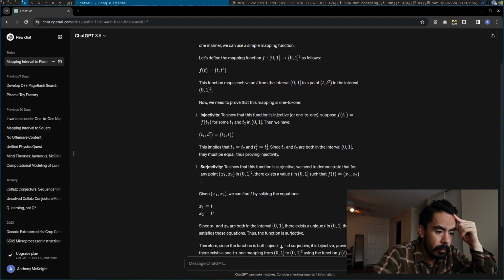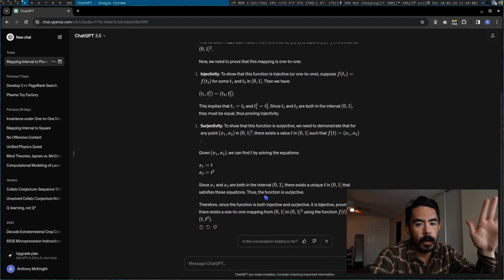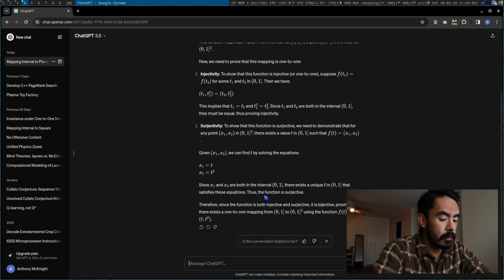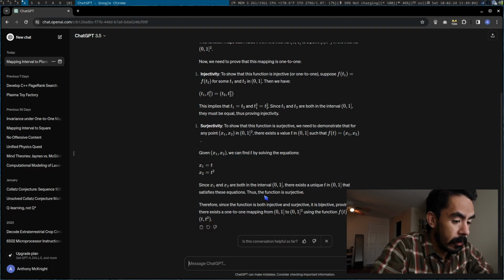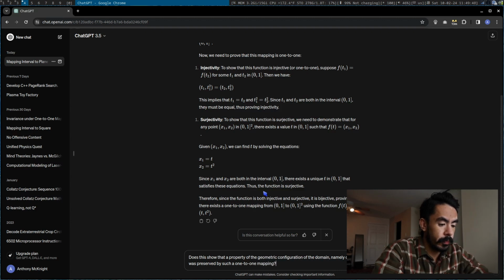But at a glance, we'll just say whatever, right? But I'm going to ask it about the geometric invariance of dimension. Was the geometric dimension preserved in the one-to-one mapping?